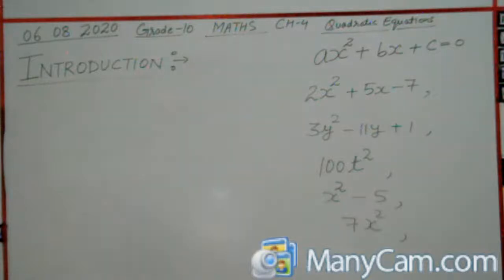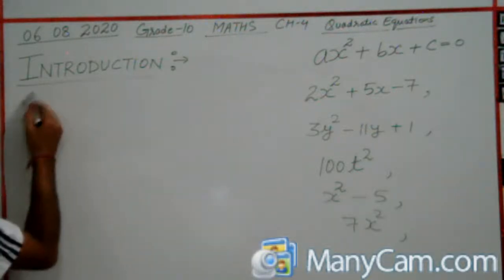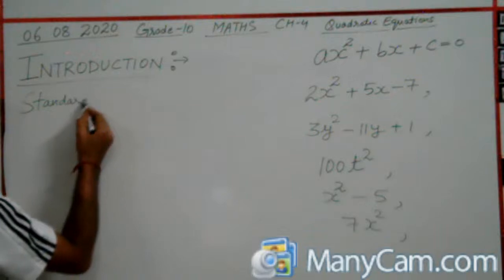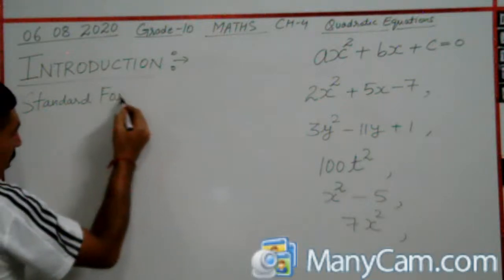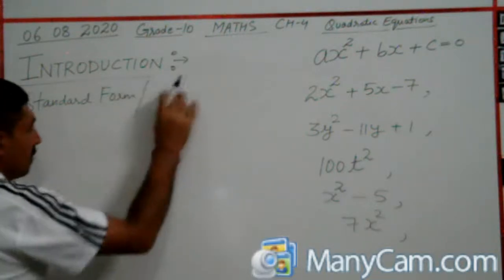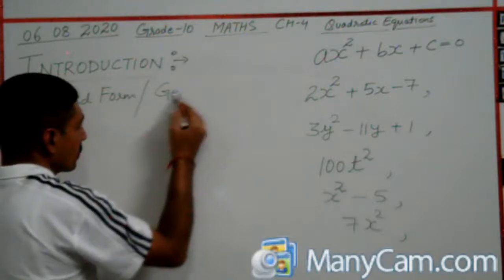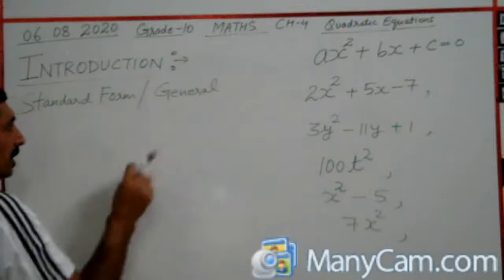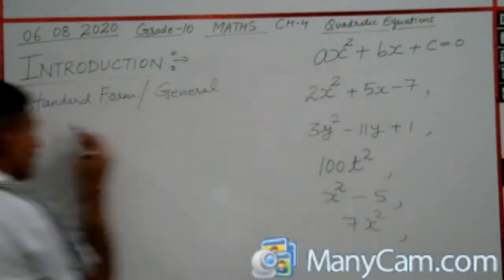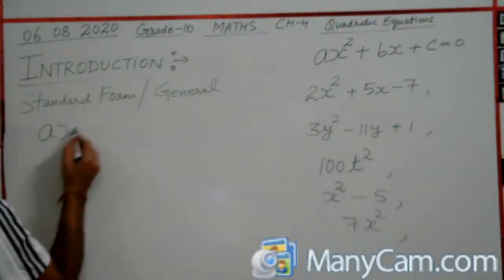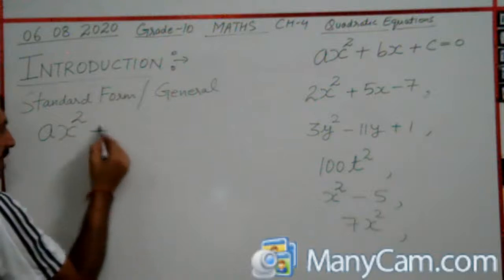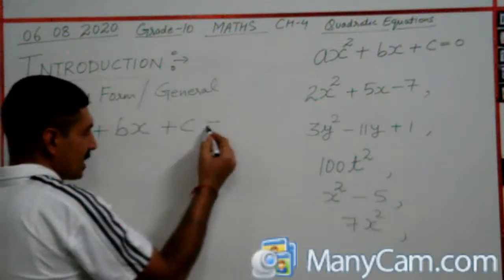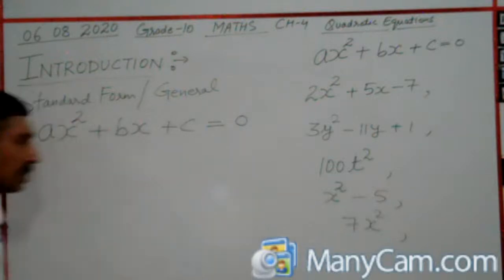We can note down the standard form, or we also say the general form, of the quadratic equation, that is ax square plus bx plus c is equal to 0.